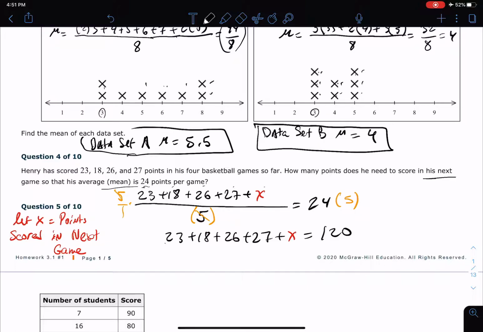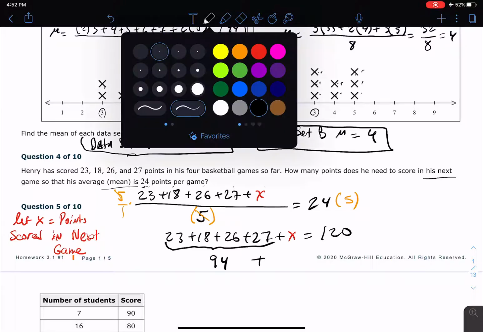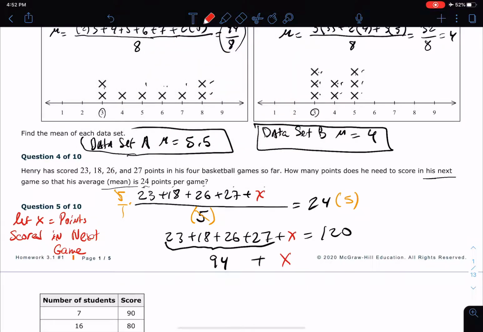Now we need to add up our like terms, which are these constants. 23 plus 18 plus 26 plus 27 is 94, plus x, and equals 120.